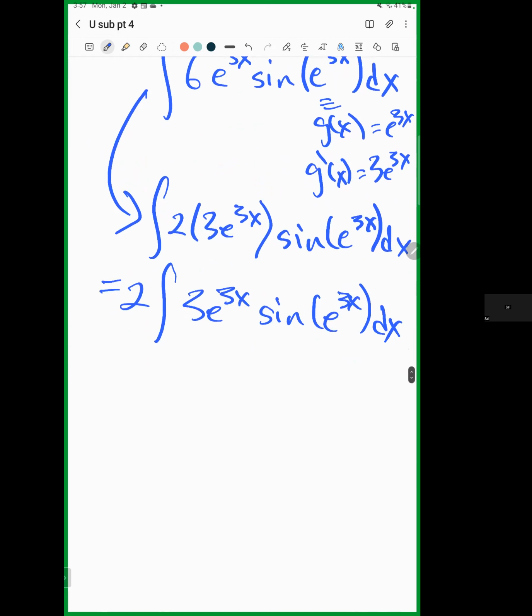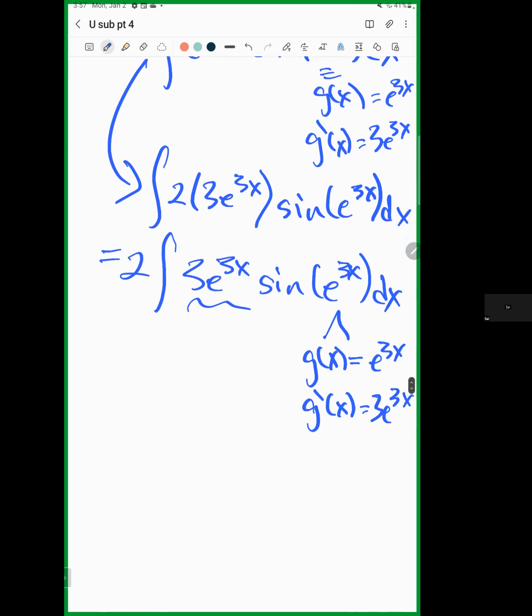In this case, let's say we define g of x to be e to the 3x, and g prime of x to be 3 times e to the 3x, which is right here. That leaves us with f of u being sine u.